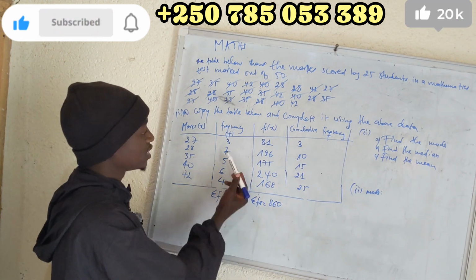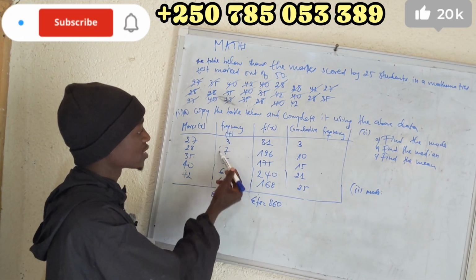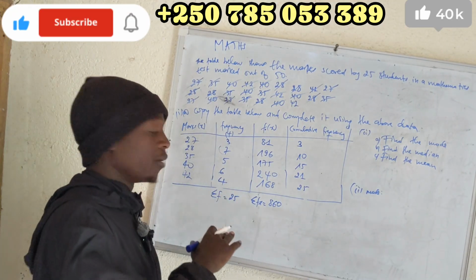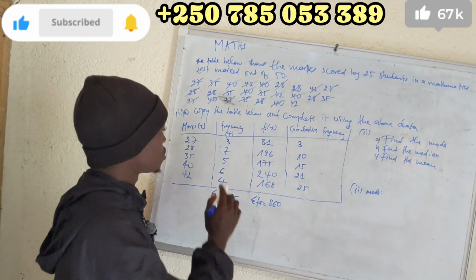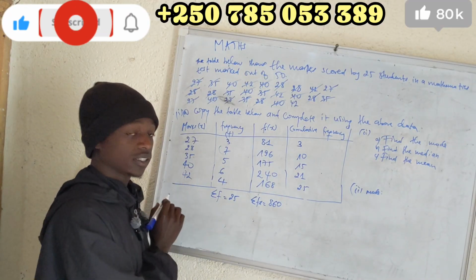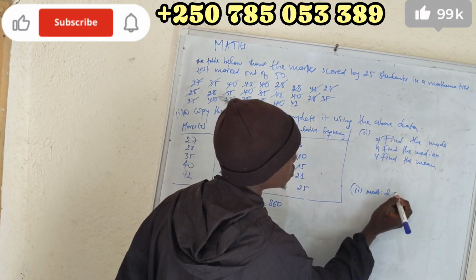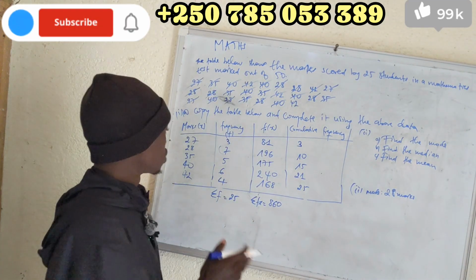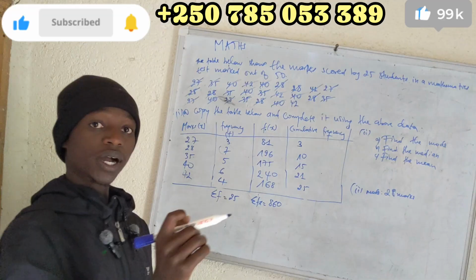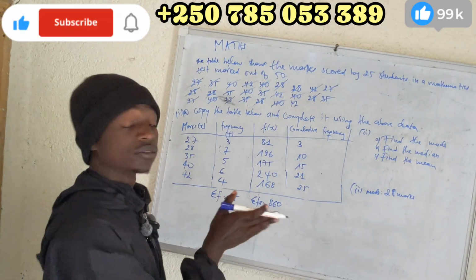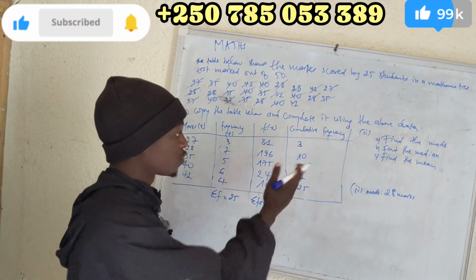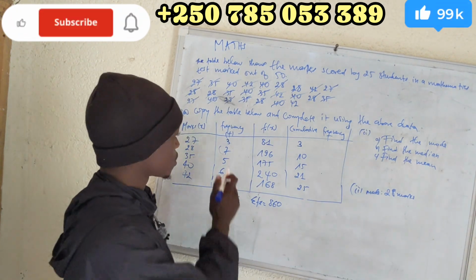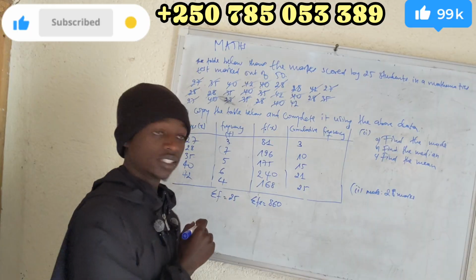Here we see that 7 is the highest number in this column. It means that a larger number of students got 28. This is the mode. The reason why 28 is the mode mark is because it has the highest frequency. There were so many students who got 28 marks.